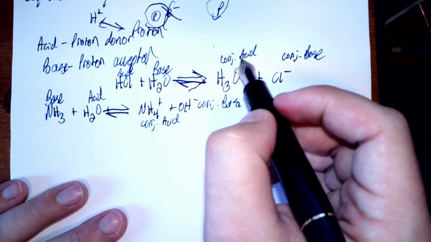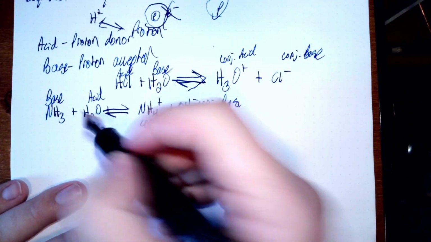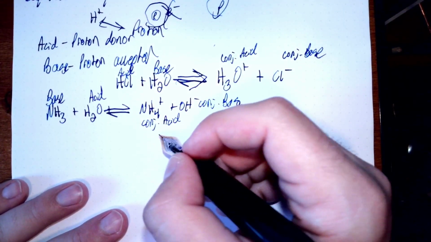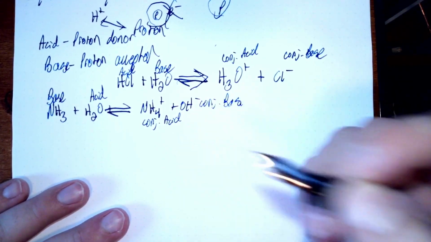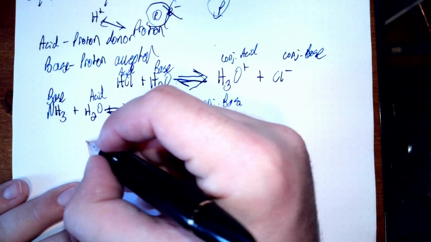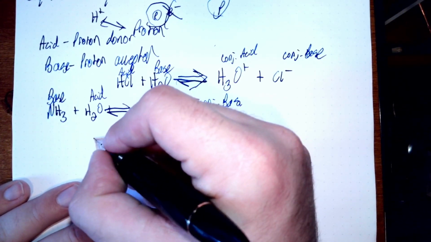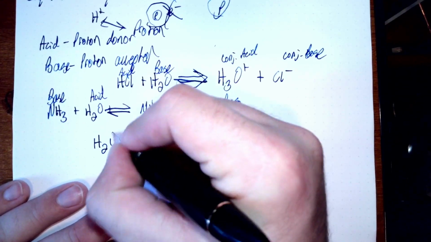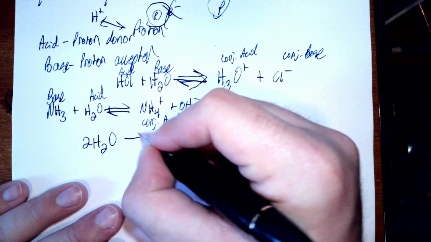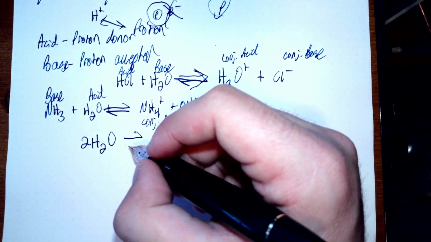Now, notice here, water is a base. Up here, water is an acid. So, is water an acid or a base? The answer is both. That also leads us to something called the autoionization of water, where we can take two water molecules, and this happens to a very, very small degree.